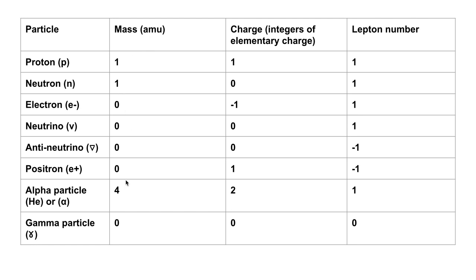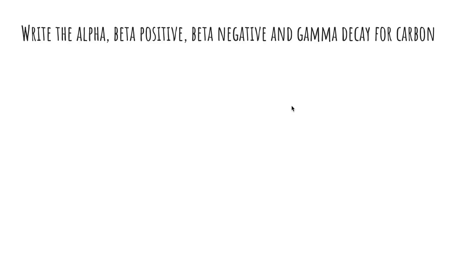Alpha particle is 4 because it's made up of 2 neutrons and 2 protons. And instead of writing down the charge in terms of elementary charge or coulombs, I'll just write +1, 0, or -1. Alpha particle will be +2 because there's 2 protons. And lepton numbers, we'll keep it simple. It'll be 1, 0, or -1. So we need to balance these things when we write our reactions.